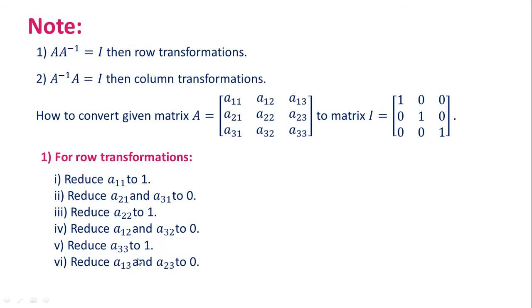So follow these steps properly for row transformation. Don't change any of these steps. If you try to convert this 0 first, then this 1 or this one randomly, then you will not get a proper inverse of the matrix.